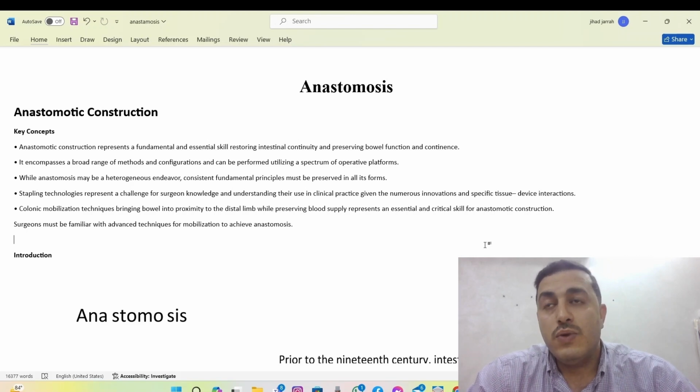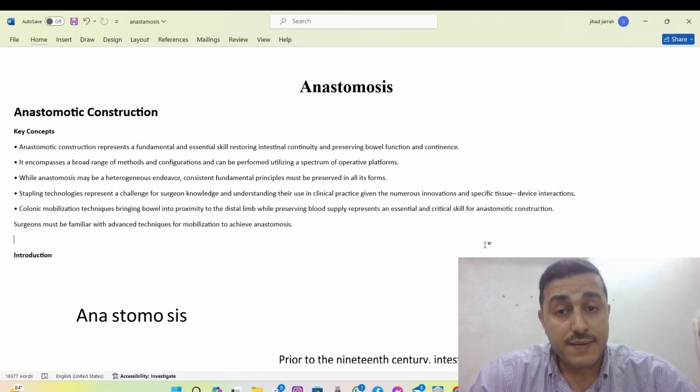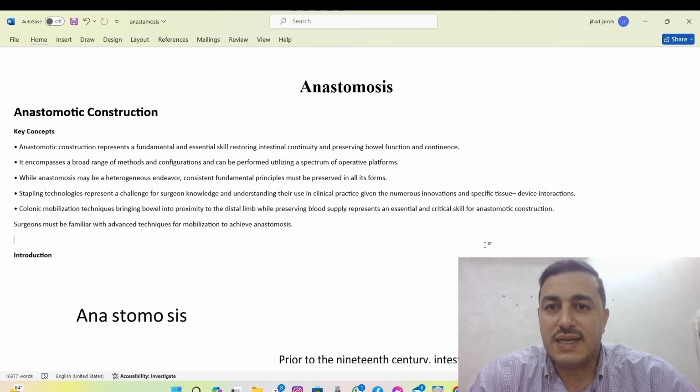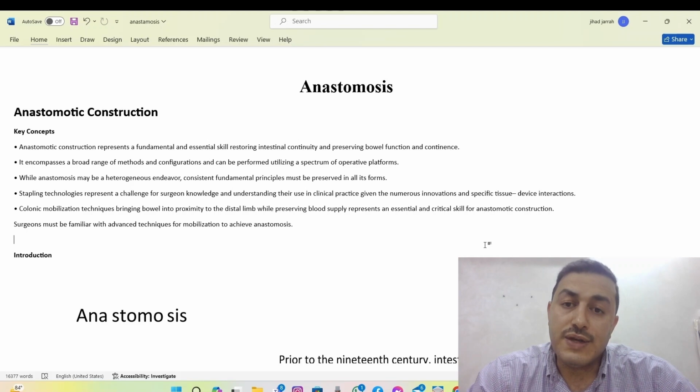We will explain it in the next few minutes. Anastomosis is bringing two tubular structures that are apart from each other together, and so we need some releasing technique of the proximal and the distal segment. This is what we call the mobilization technique. You will understand that when we get through this lecture.